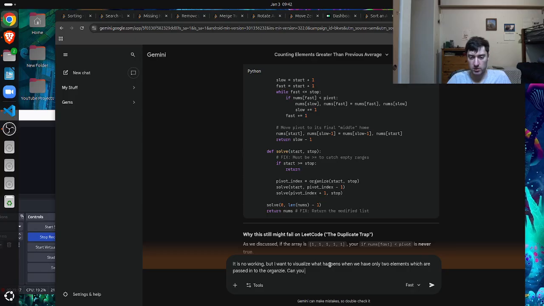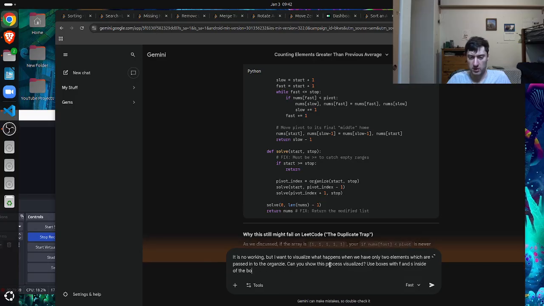Maybe can you show this process with F and S inside of the boxes with numbers in them, in ASCII, and how they change, something like this, okay?